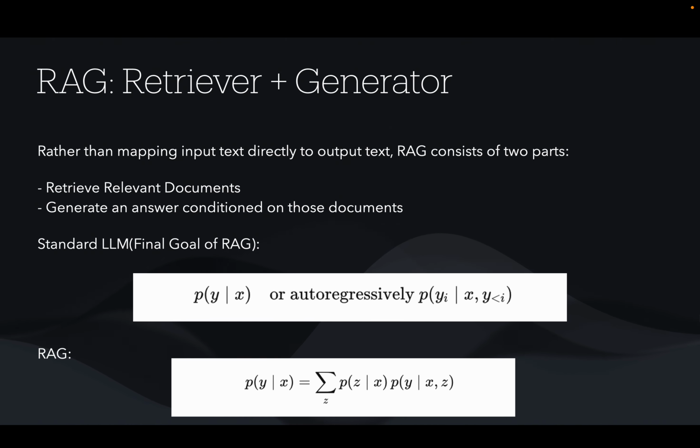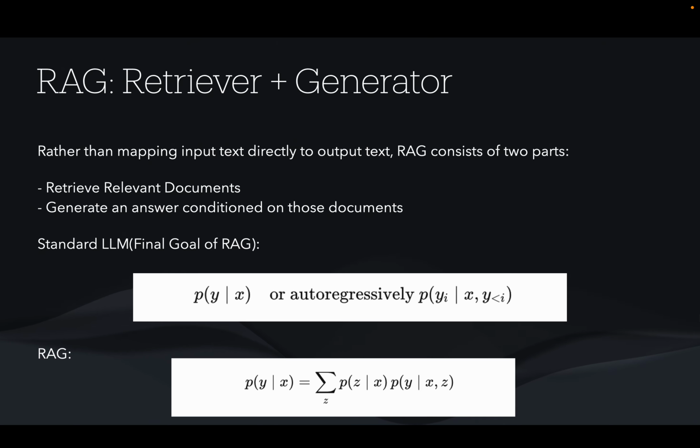That is what the whole equation means. And the summation at the very outer part of the equation is called marginalization over z. You can think of it as trying multiple pieces of evidence, lots of z's, and generating an answer with each z and given input x, and weighting them by how relevant they are, weighting them by p of z given x.